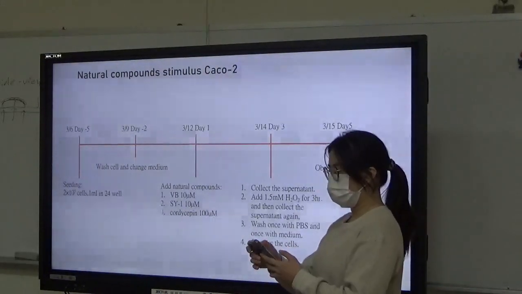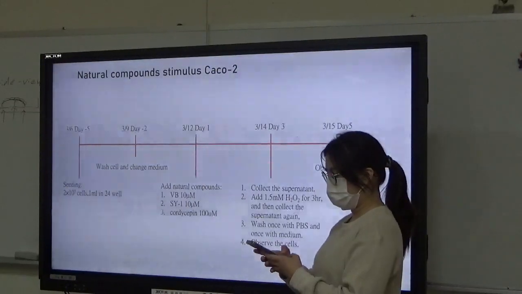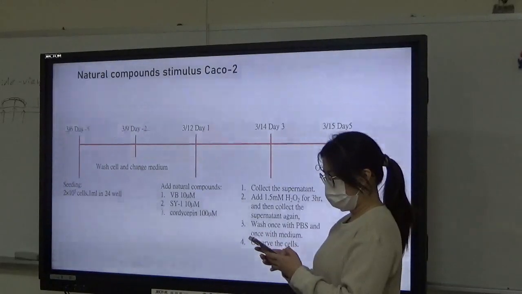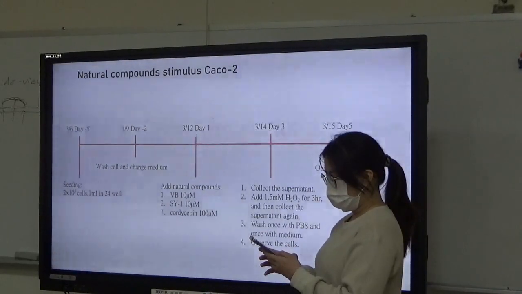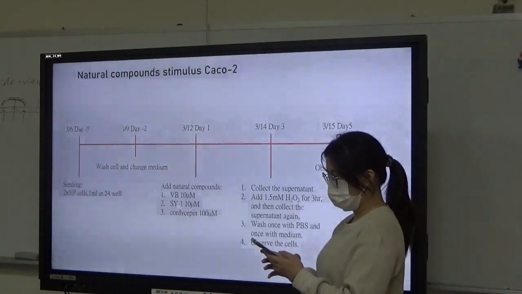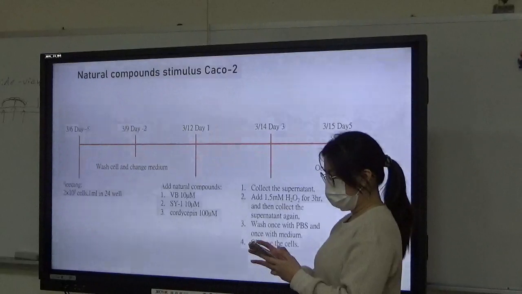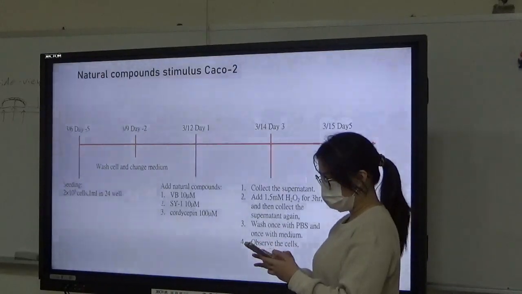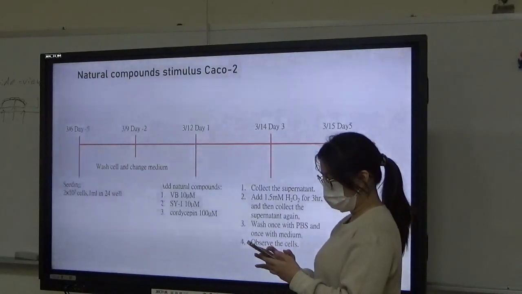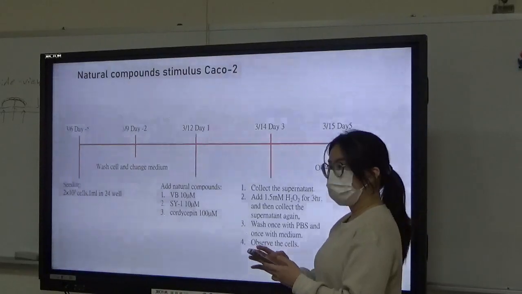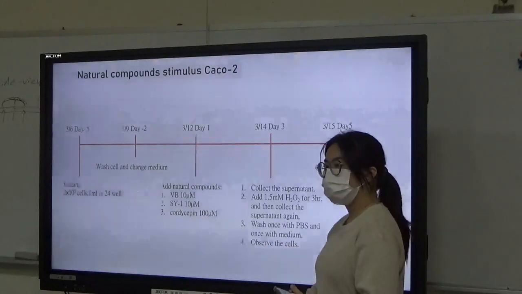It is very powerful for anti-oxidation, and we suppose it has anti-inflammation effects. Before, I used it in the IBD animal model.